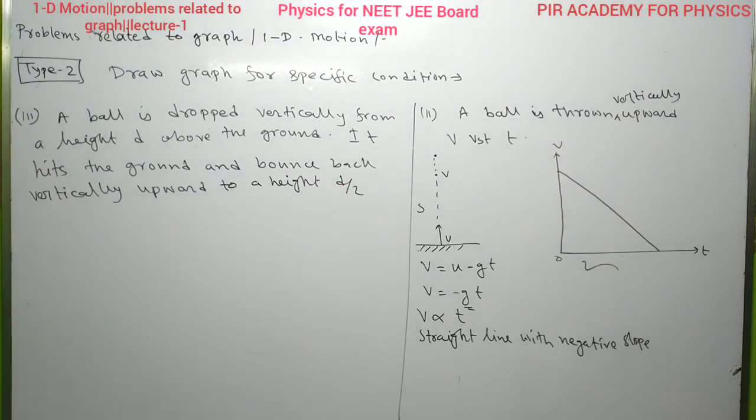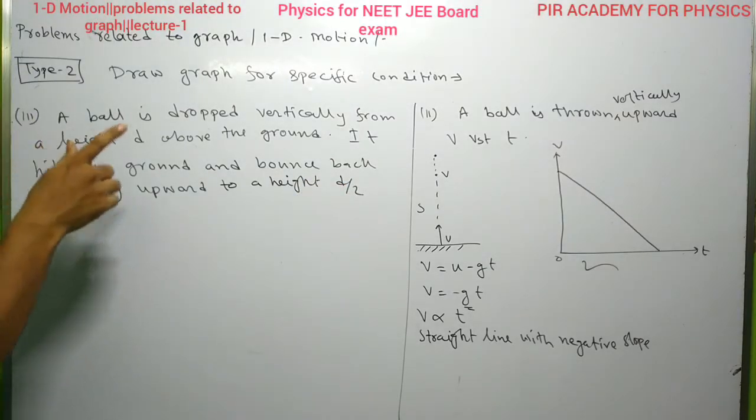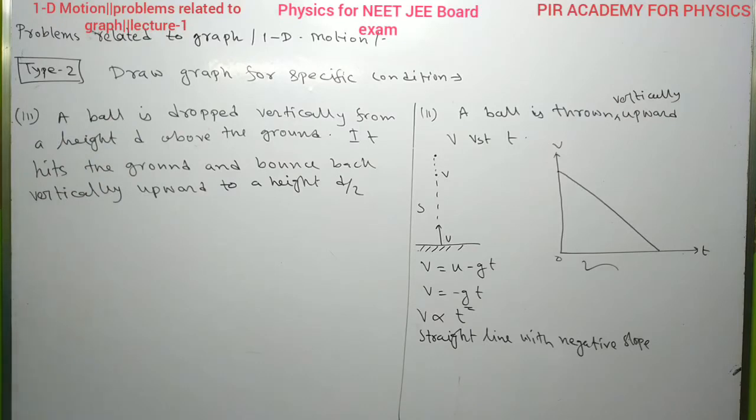Here is number 3: a ball is dropped vertically from a height d above the ground. It hits the ground and bounces back vertically upward to a height d by 2.